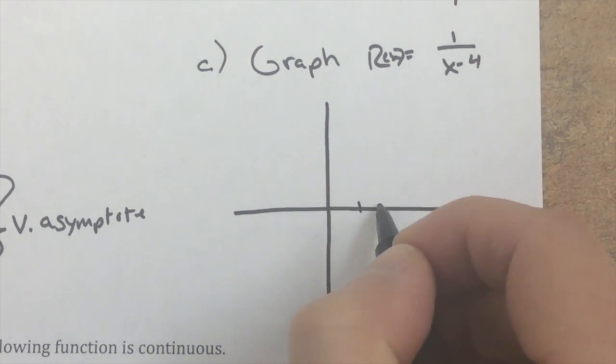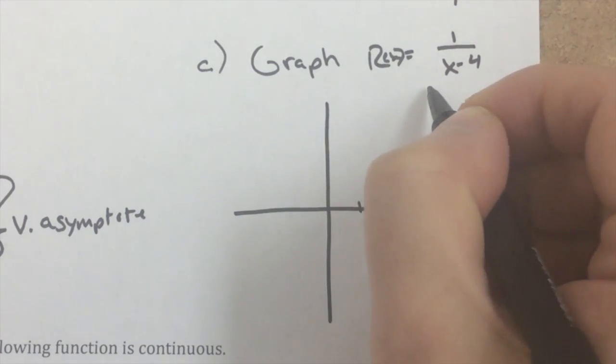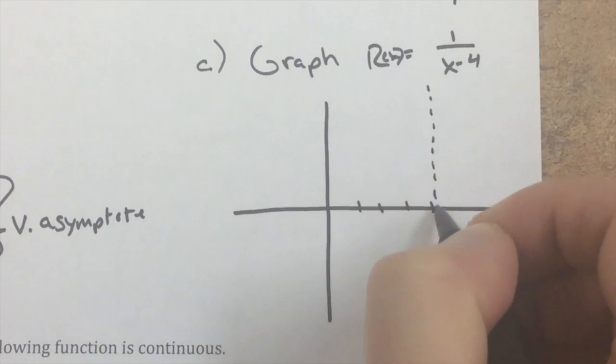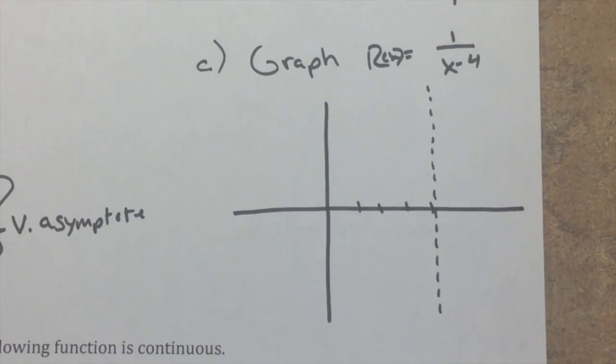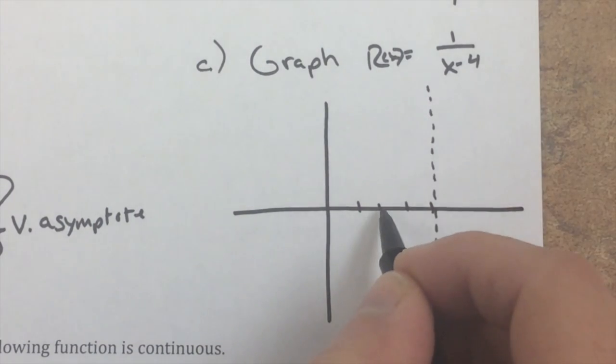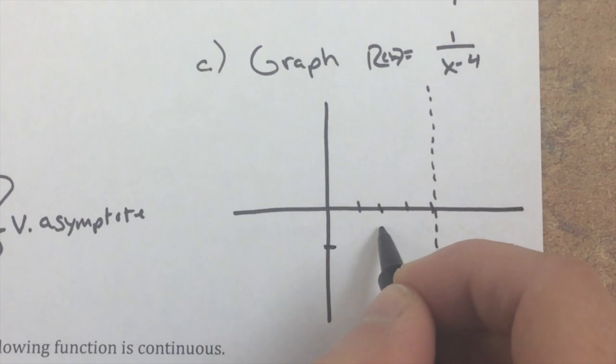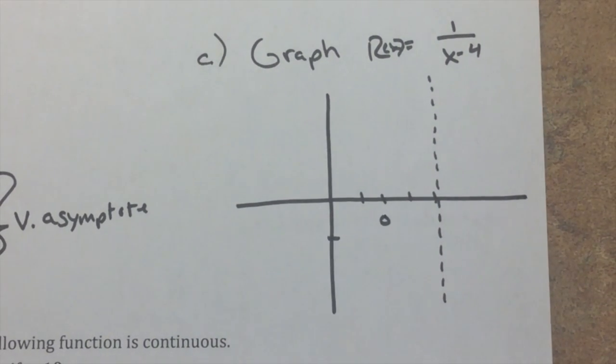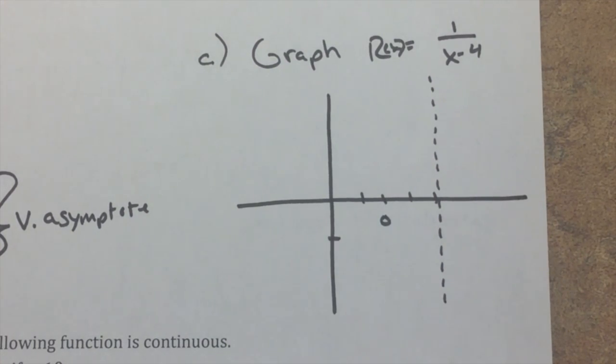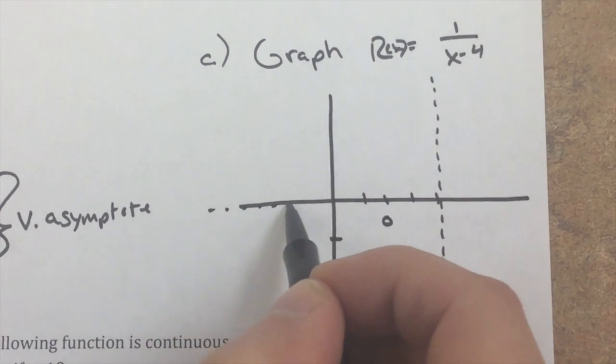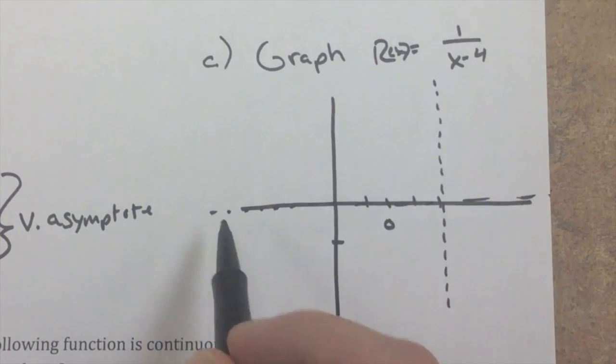So I can go 1, 2, 3, 4. At 2, we know that the y value is negative 1/2. And here, if we take it out to infinity, we also know that there is a horizontal asymptote at 0.